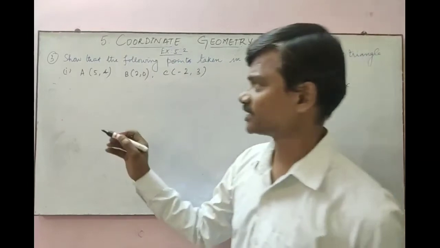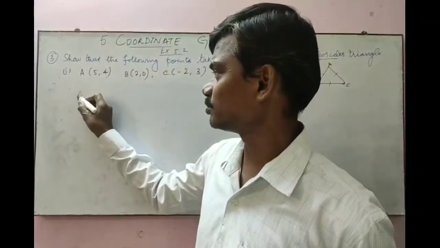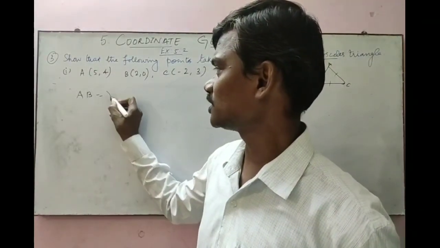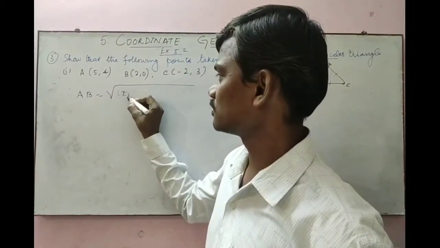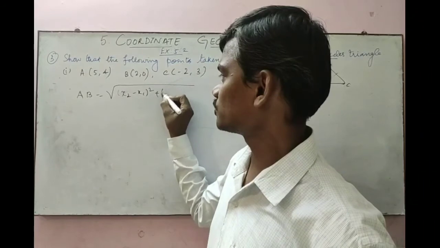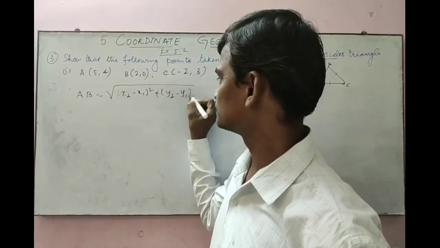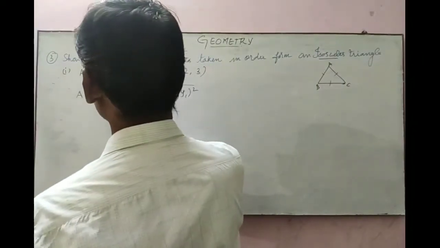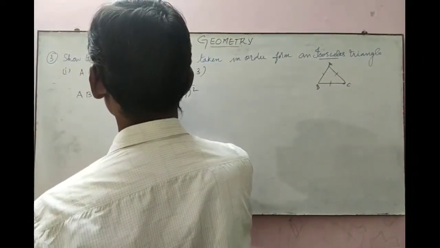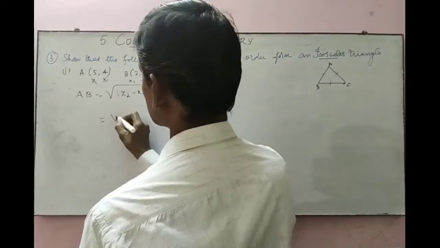So first I am going to find the distance between the point A and B. So AB equal to root of, you know the formula, x2 minus x1 whole square plus y2 minus y1 whole square. So first name this as x1, y1, here x2 and y2. Substitute those 2 points.